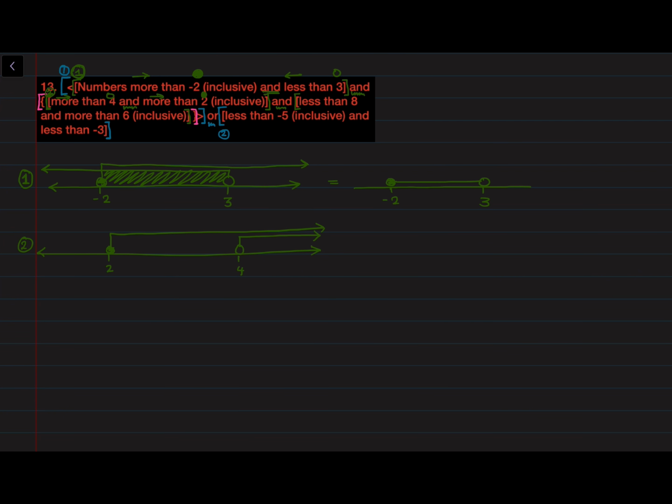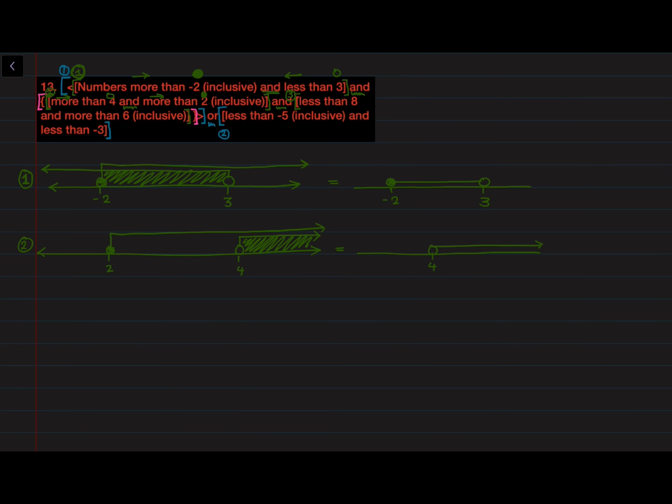Because it says and, we're looking for an overlap. So it's just the region where we're looking for numbers more than 4, where 4 is not included. So we get this region, something like this.